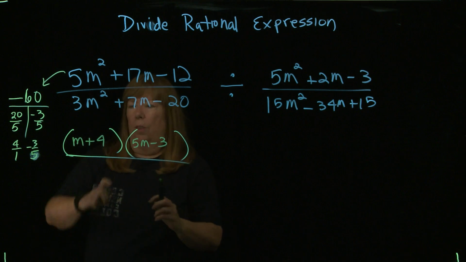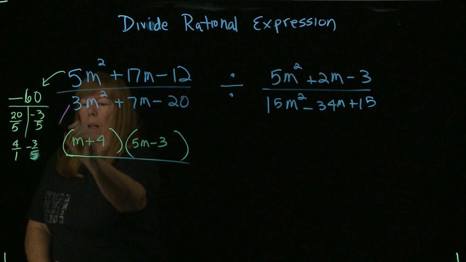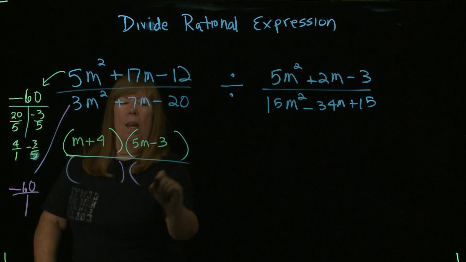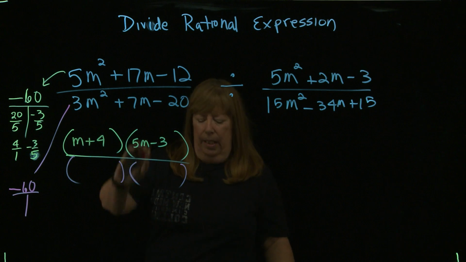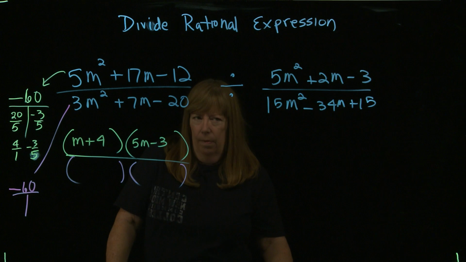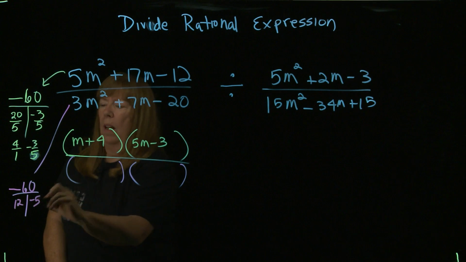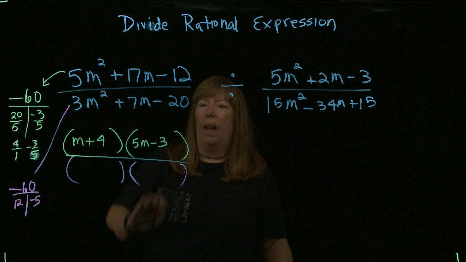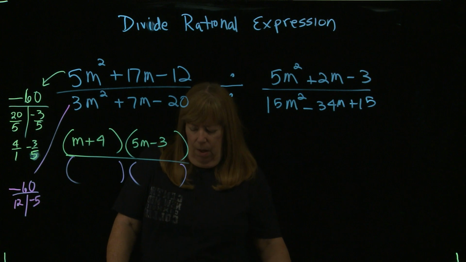Okay, now let's do this one, in a different color. 3 times negative 20 is negative 60 again. But this time I need two numbers that multiply to negative 60 but add to 7. How about 12 and negative 5? They multiply to negative 60, but they add to 7. Ooh, looks like I got the wrong one.